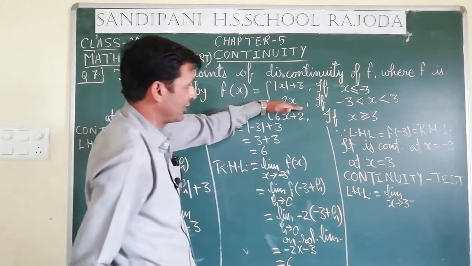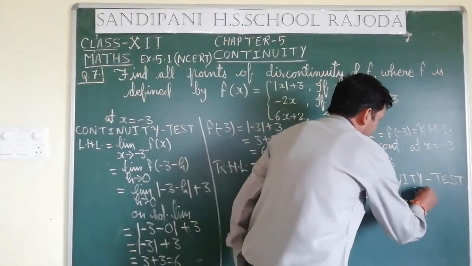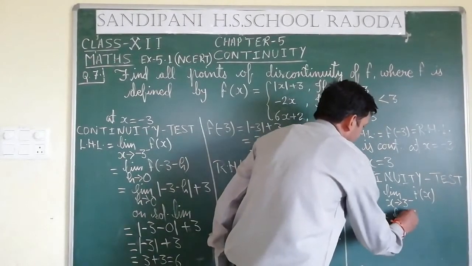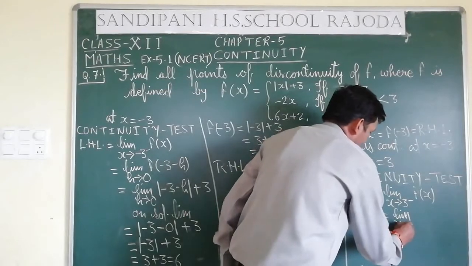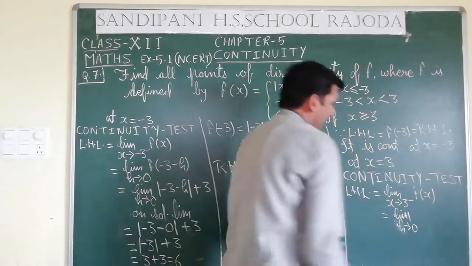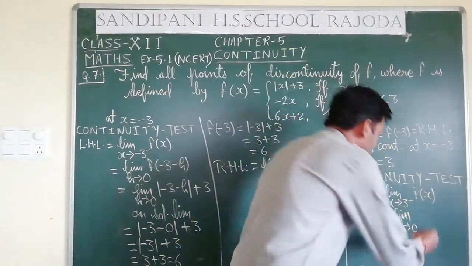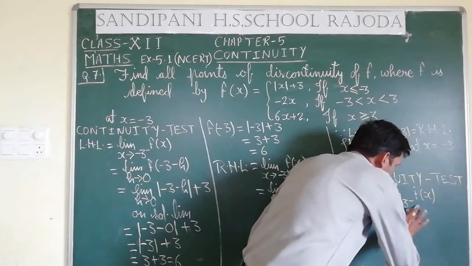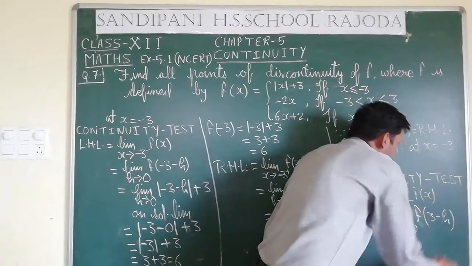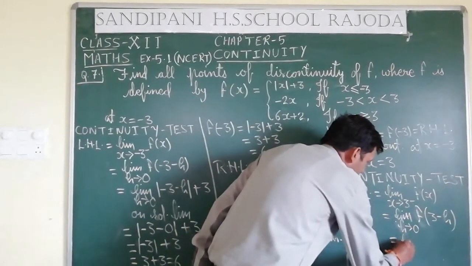So, we have to put the value of x in this function, f of x, that is equal to limit h tends to 0. Now, in place of x we have to write 3 minus h in the function, f of 3 minus h, that will be applicable here.